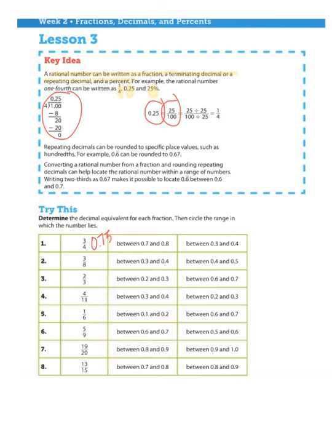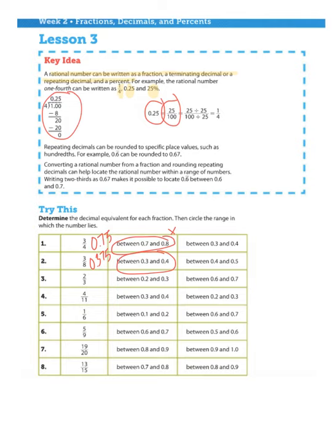That's going to be between 0.7 and 0.8, so you would just drag your X to that box. 3/8, I'm going to do a couple of these for examples. 3/8 is 0.375 as a decimal. Is that between 0.3 and 0.4, or 0.4 and 0.5? That would be between 0.3 and 0.4.